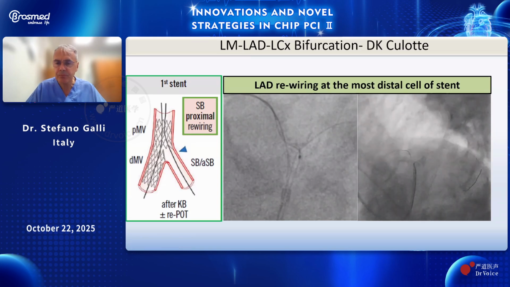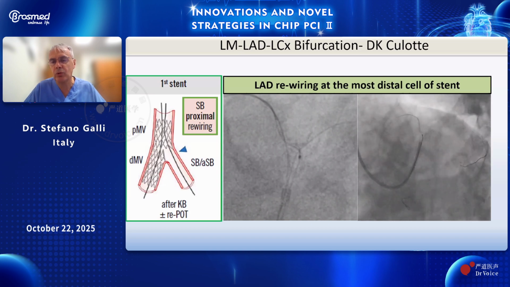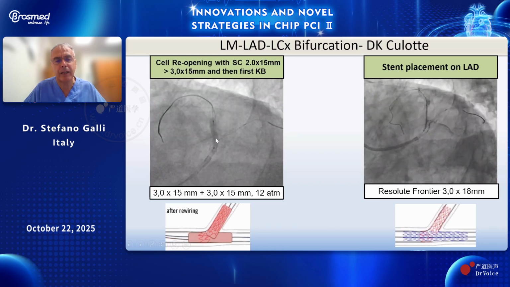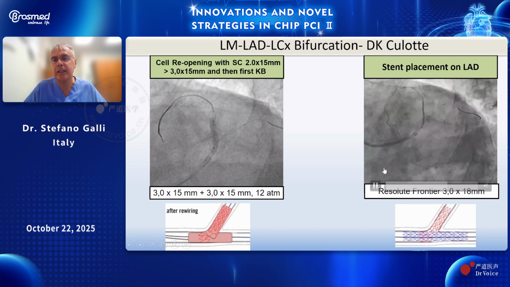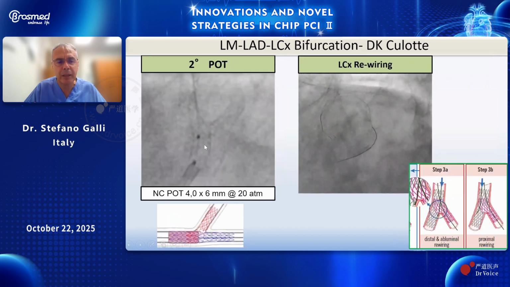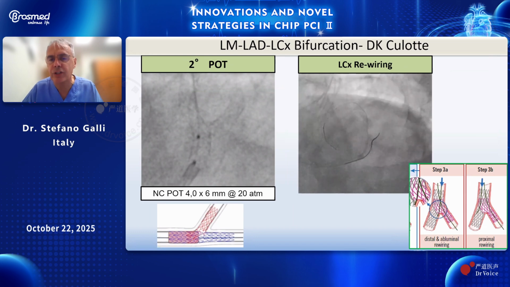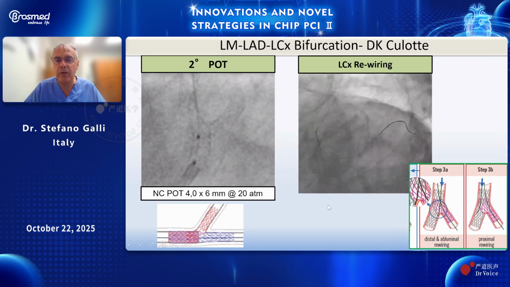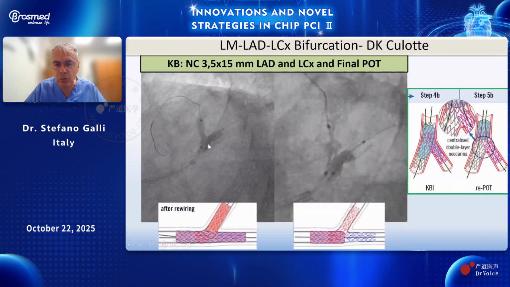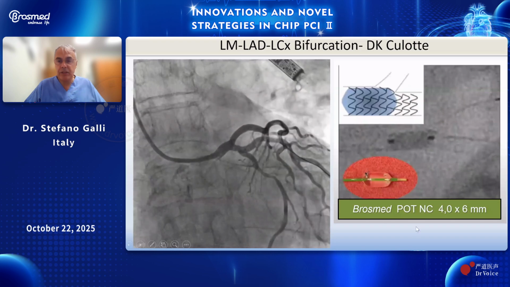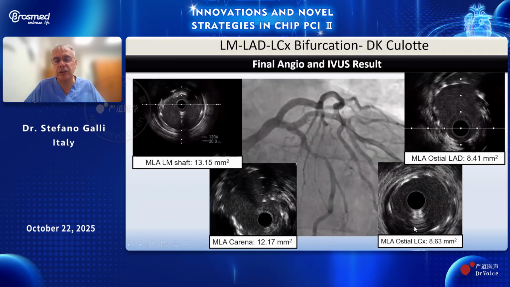Then after crossing it is possible to deliver another balloon and then another stent. After the stent, we redo another POT with the same balloon, and you see it's very easy to recross after POT. Then we finish with the kissing balloon first and then another POT. This is the final result, and this is also the result by IVUS that confirms how to use this technology.